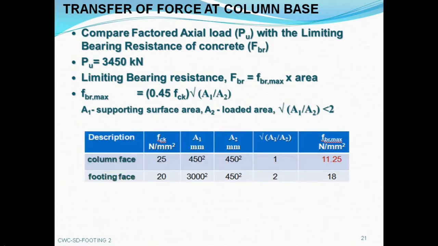The value of A1, A2, root A1 by A2 and FBR max are tabulated both for column face and footing face below. In the table, we can see FBR max is less in the case of column face, that is 11.25 Newton per mm square.